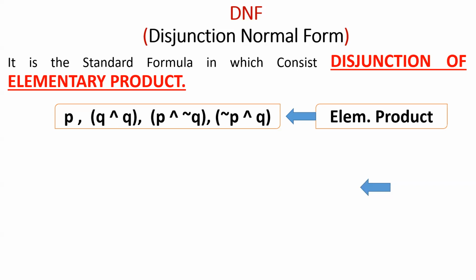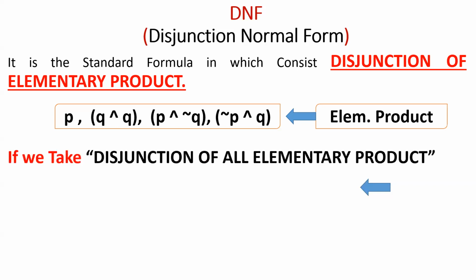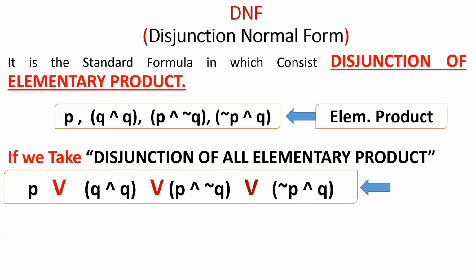Now once we get elementary products, if we take the disjunction of all elementary products, using disjunction in between them, then see here, in between all elementary products we have used the disjunction sign, and this whole statement formula is known as disjunction normal form. Getting clearly?